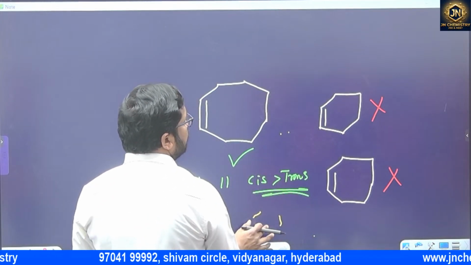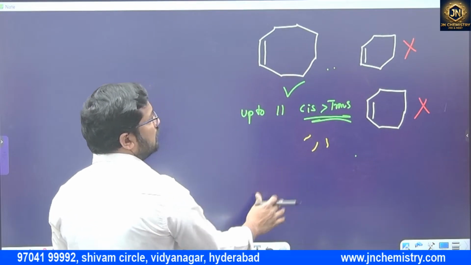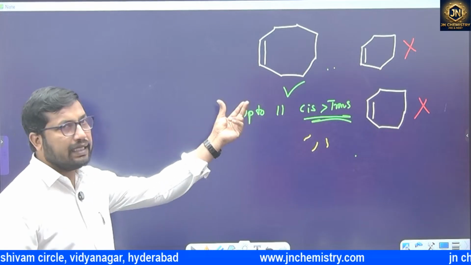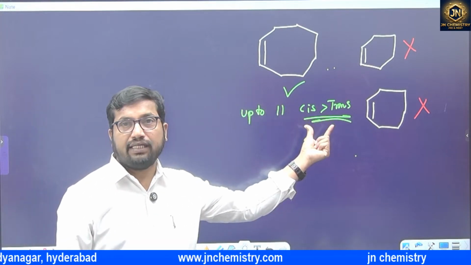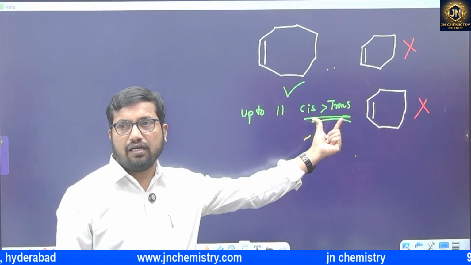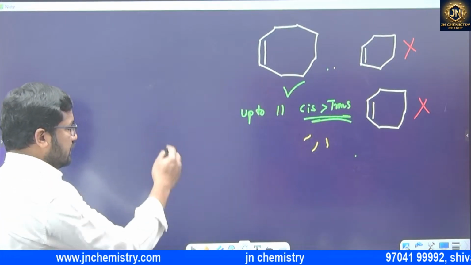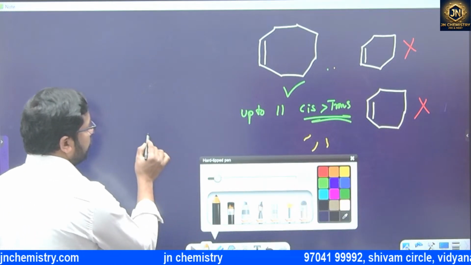Generally, cis and trans, which is more stable? Trans is more stable. But particularly in this case, up to 8 to 11, cis is more stable than trans. So try to understand. I will take an example of why cis is more stable.